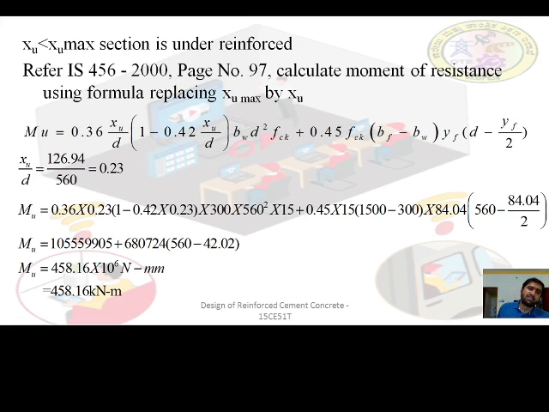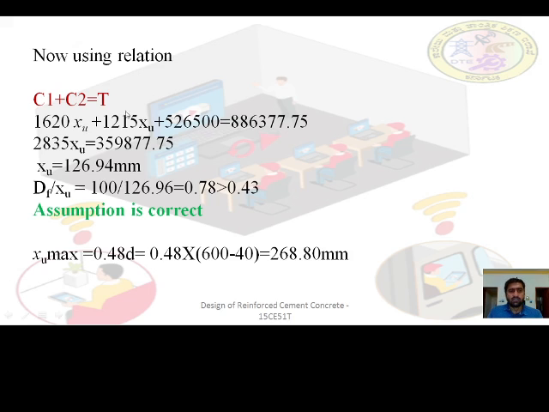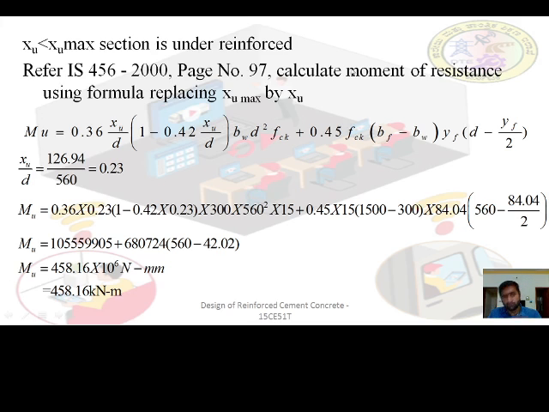From page number 97, we will go to 97 because here dF by XU is greater than 0.43. On page number 97, the equation given is for the over-reinforced section.